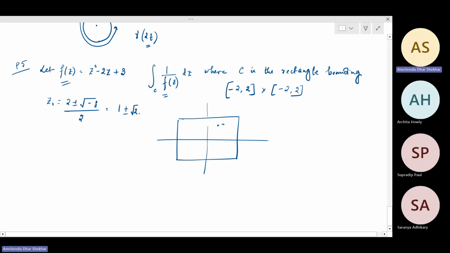One root z1 is over here, which is 1 plus root 2j, and another one z2, which is 1 minus root 2j. This is your curve.